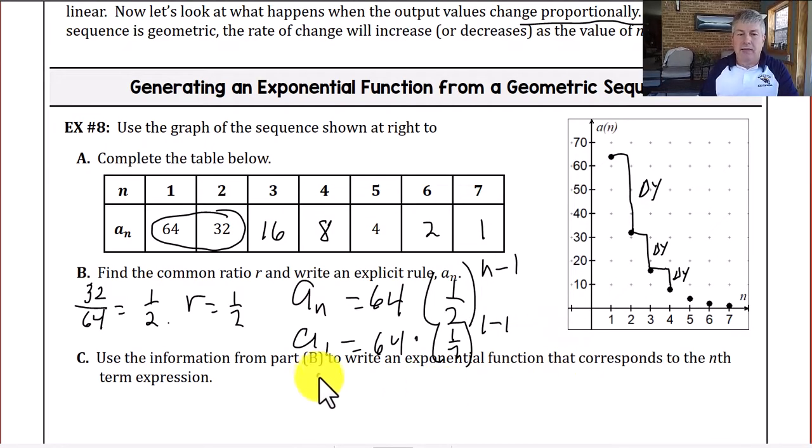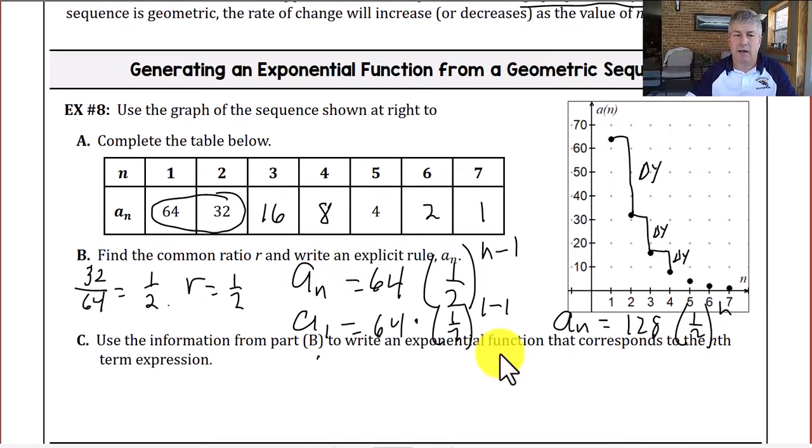Another way to look at that, we could also look at that as a_n equals 128 times 1/2 to the n. We probably won't do that very often, but that's one of the options out there.